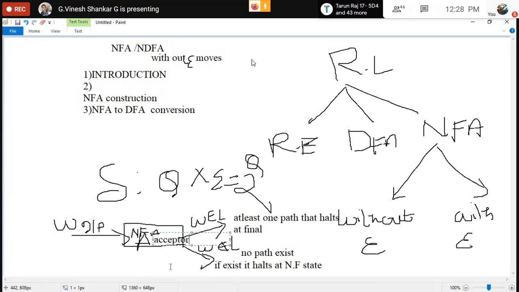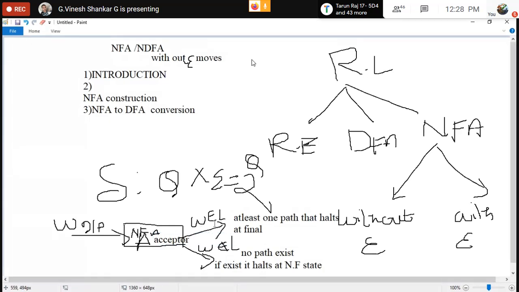If the string belongs to L, then at least one path halts at a final state. You can have more than one path for the same input symbol. But in DFA it was not like that: exactly one path for one input symbol. In NFA you have at least one path that halts at final, which means you can have one path or more than one path to reach a final state.